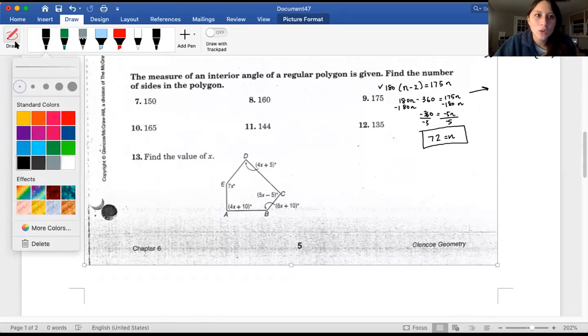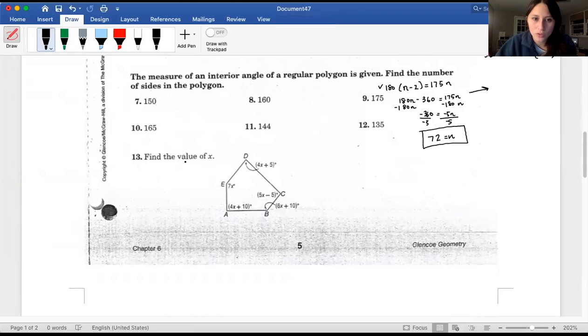So I know that the sum of all these angles has to be n minus 2 times 180, which we found earlier for a pentagon, and that's 540 degrees. But let's just double check. 5 minus 2 times 180, because this is a pentagon. And so 180 times 3 is, yes, it is 540.